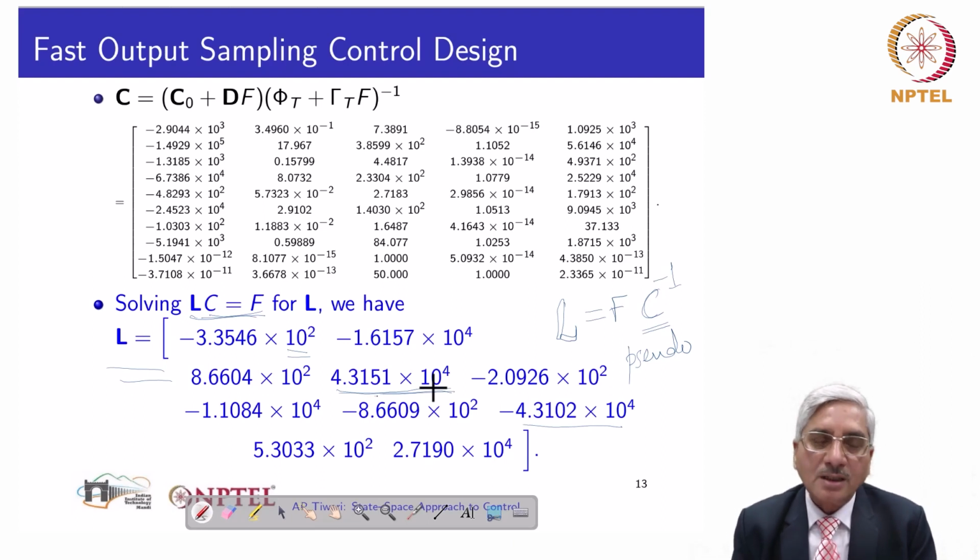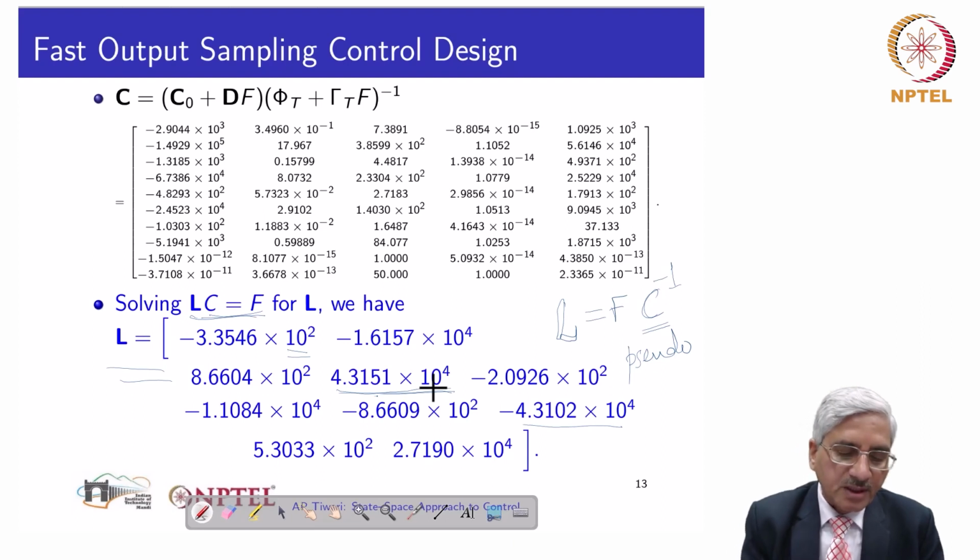We should have a design where the gains are smaller. I have been telling this point again and again. For these pole locations, for this design, we have these periodic output feedback gains. One should repeat the design to obtain good values of periodic output feedback gain, or one can see there are research publications in which there are LMI, linear matrix inequality, based approaches for obtaining this L from this equation.